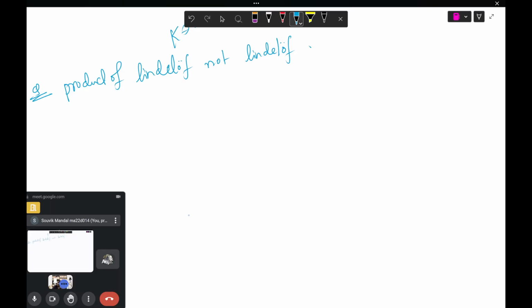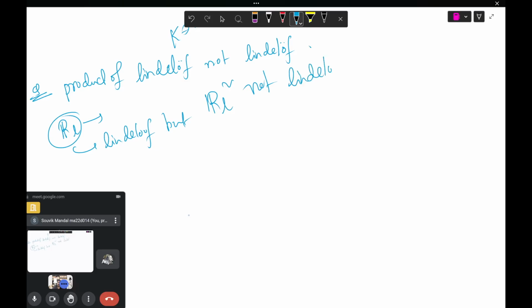First try to think with R_L. R_L is Lindelof itself, but R_L squared is not Lindelof. Now try to think about why R_L squared is not Lindelof.